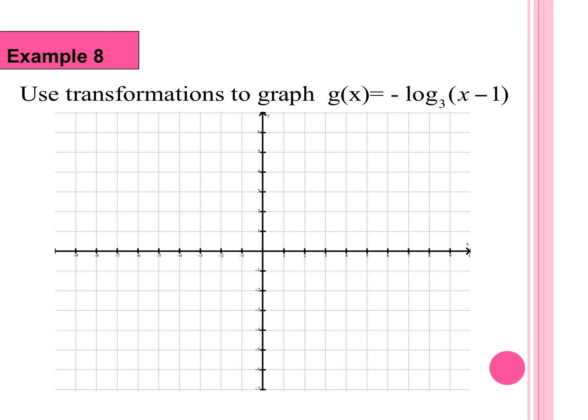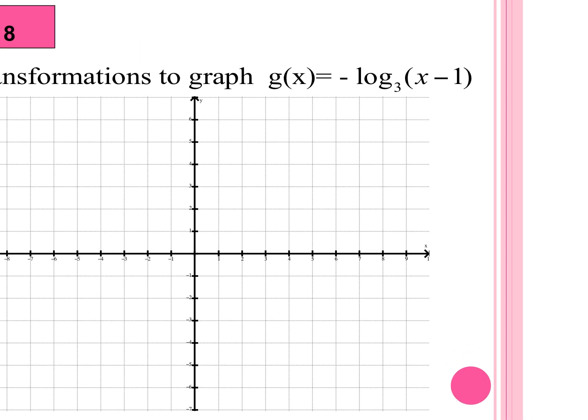All right. In example 8, we want to use the transformations to graph our function. So we just graphed log base 3 of x, where we had these 3 points here. So our graph looked like this. Let's apply our transformations to this. So we start with what's happening directly to x.